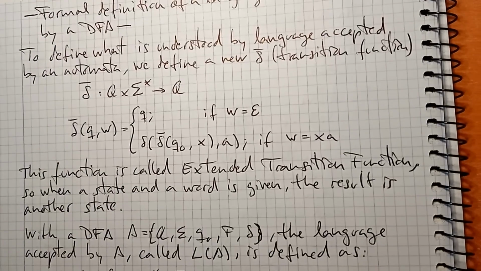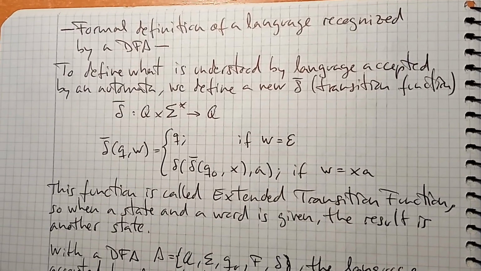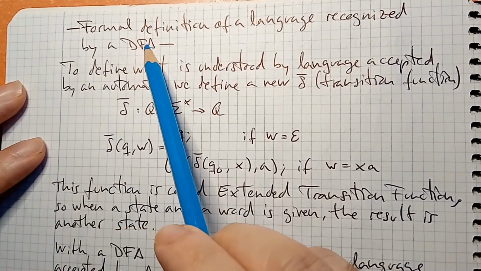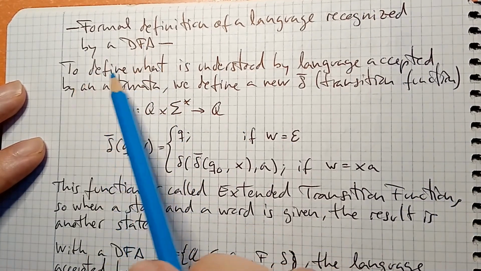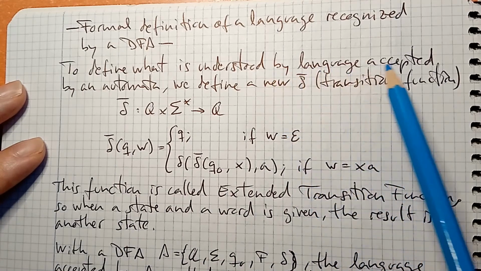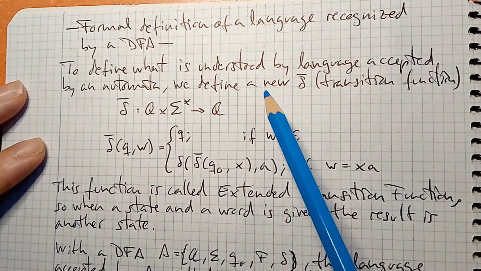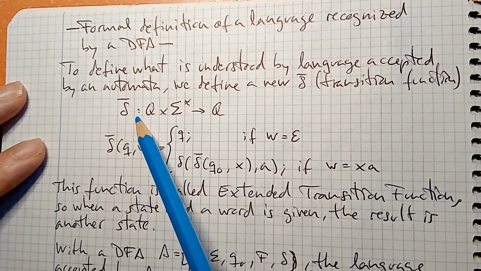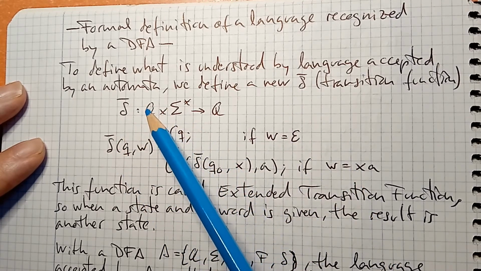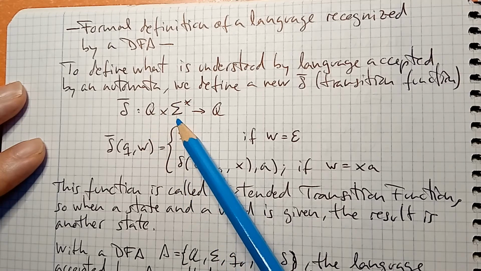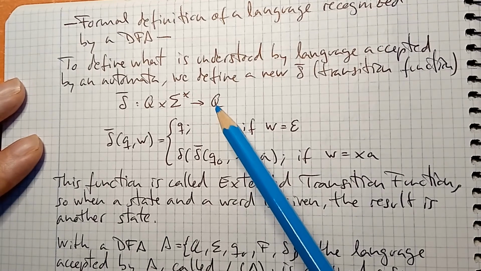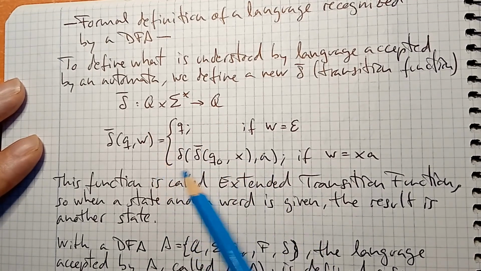And to finish the video, you are going to see the formal definition of a language recognized or accepted by a DFA. To define what is understood by a language accepted by an automata, we define a new transition function. This new transition function tells us that given a state and a symbol, we always find a new state for every symbol in a state.